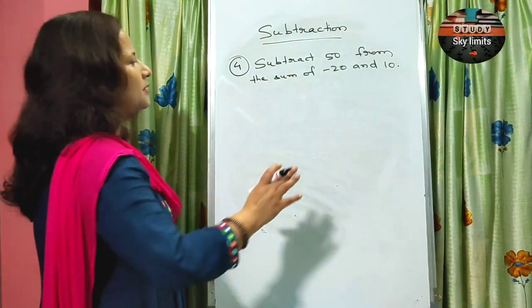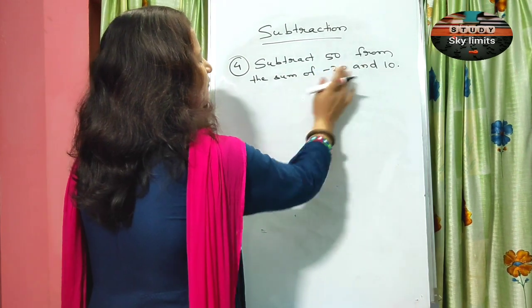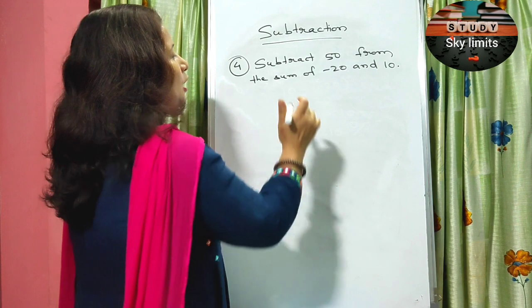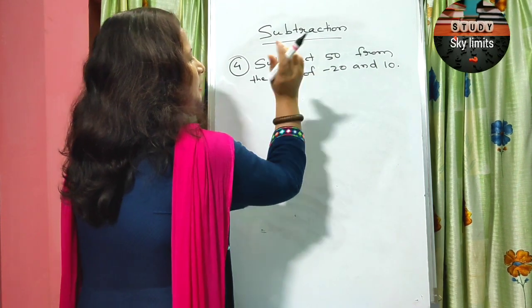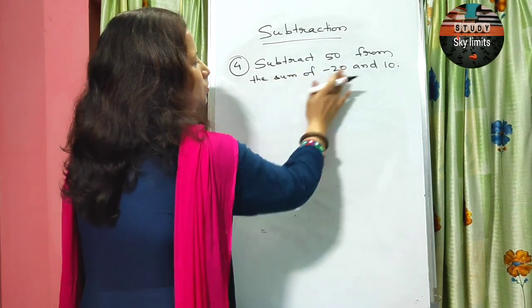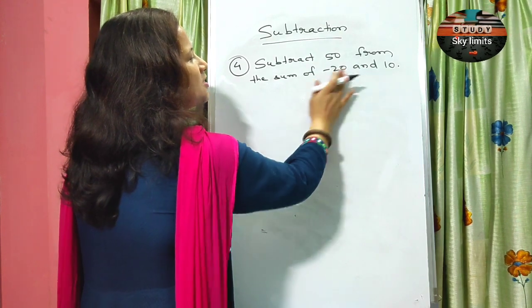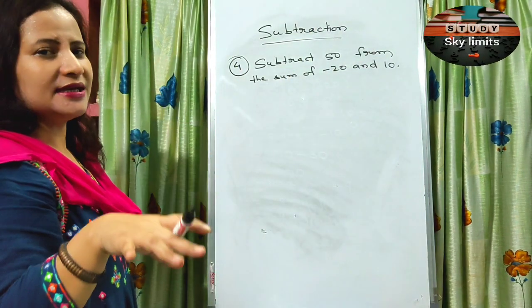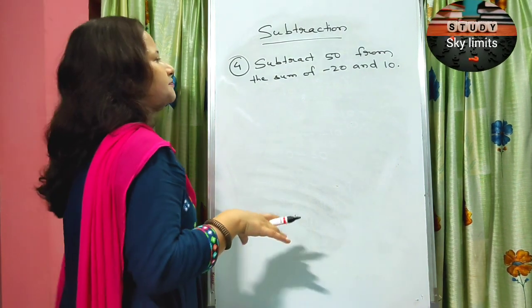So just remember, forget about the minus sign, the negative numbers. Simply, when you take a question like this, what you are asked to do here? You have to subtract 50 from the sum of these two. That means you have to find the sum of these two numbers and subtract 50 from it. Okay?